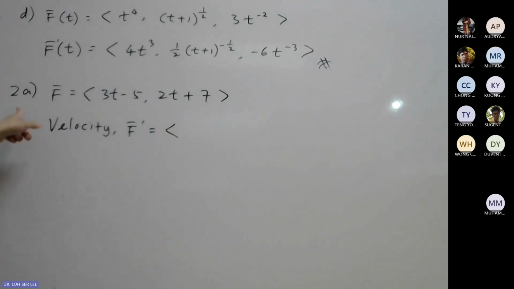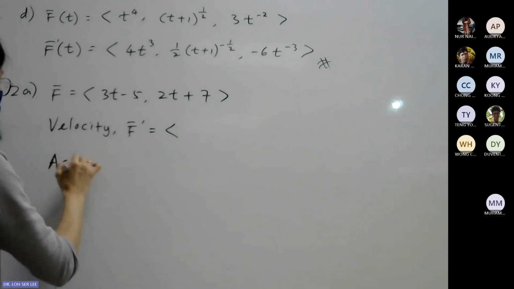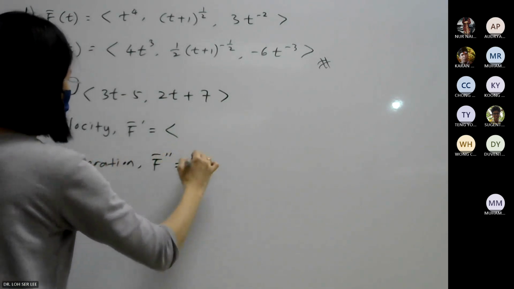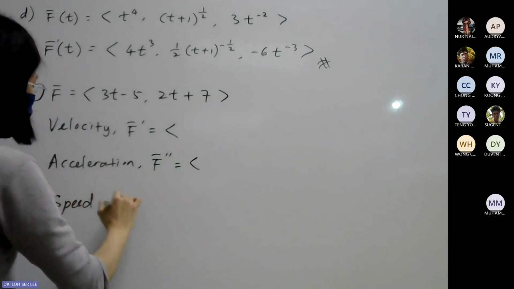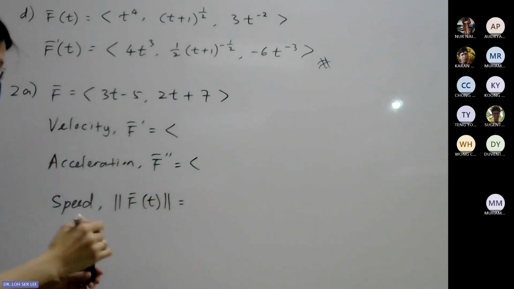For number 2, you need to find the velocity, acceleration, and also the speed. The speed is the magnitude.